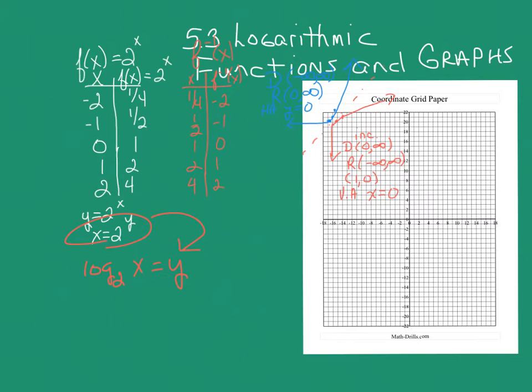In calculus, we used to always say that a logarithm is really an exponent. Log base 2 of x equals y is how we read that.